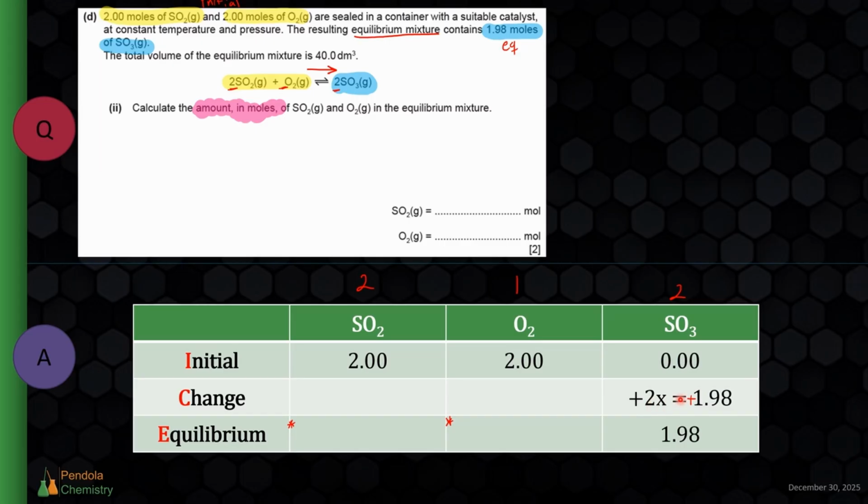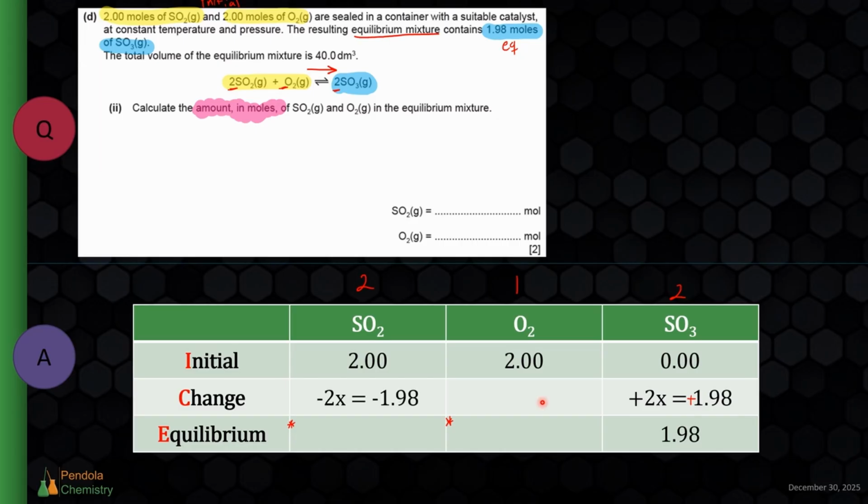So that's why it's 2x, because the change is going to be twice the amount of something that had a coefficient of 1. And why is it positive? Well, it's positive because the change was positive. We're going from 0 to 1.98. We're adding moles, so that is going to be positive.